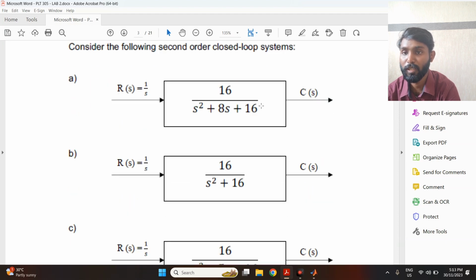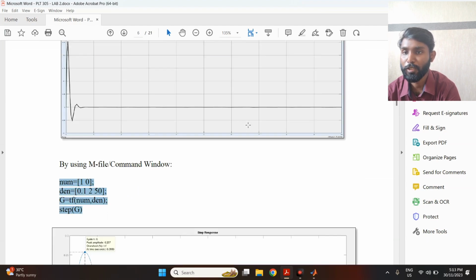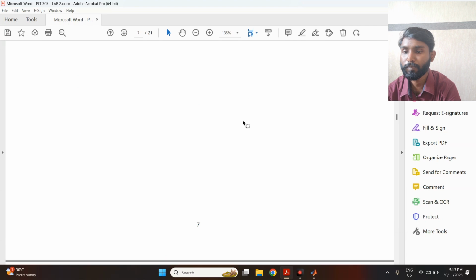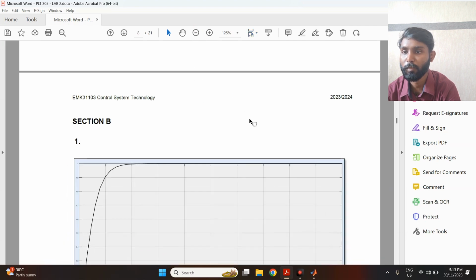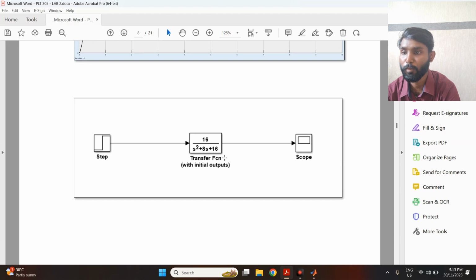We have to convert this into our command and execute it. I'll just minimize it. This is the Simulink model, step, 16 over S square plus 8S plus 16, and this is the scope. I've used the transfer function with initial outputs block.